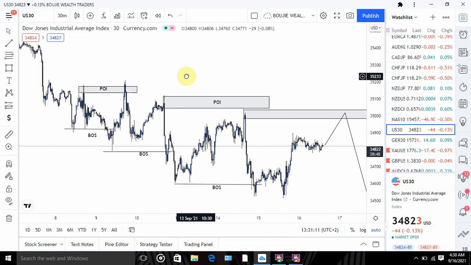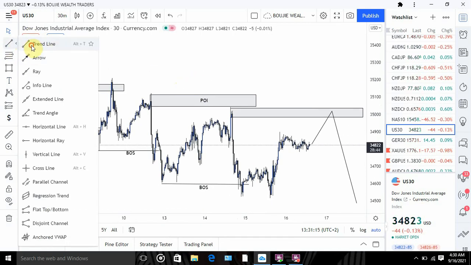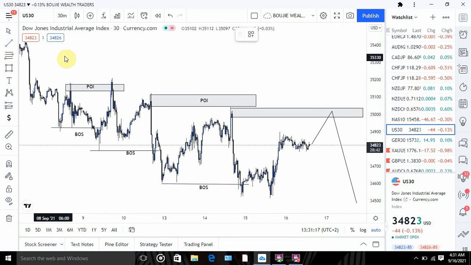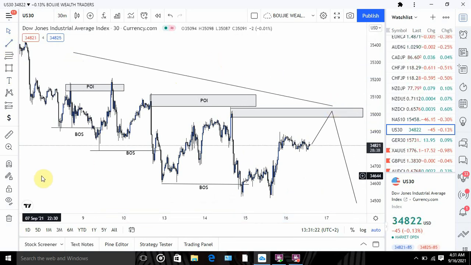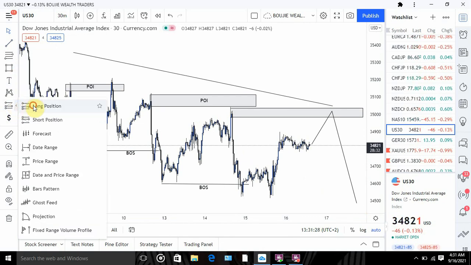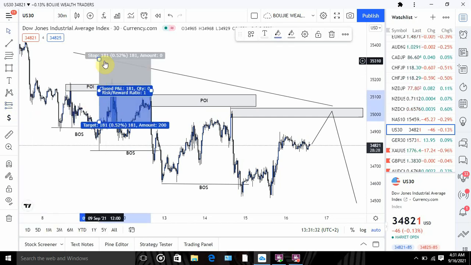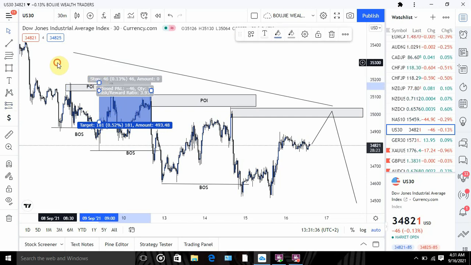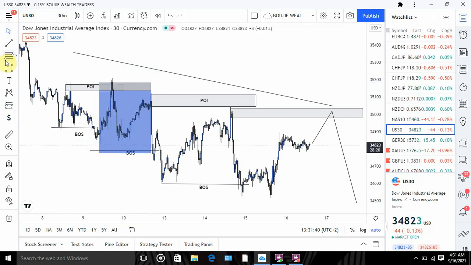But the overall trend is what? A downtrend. Even if we check our risk, the overall trend is a downtrend.